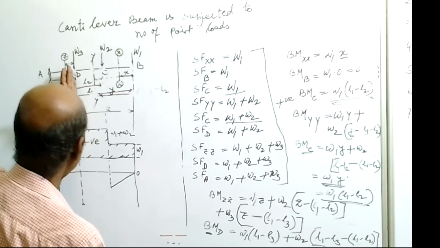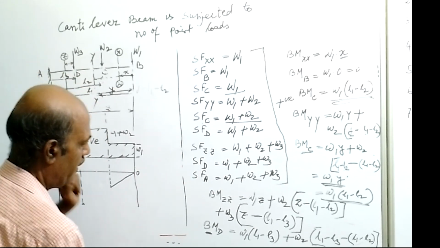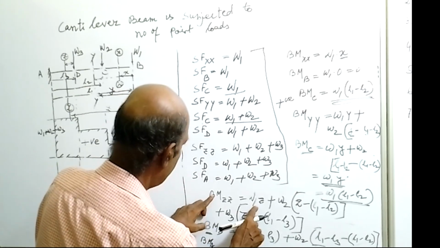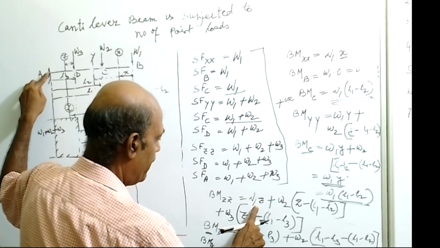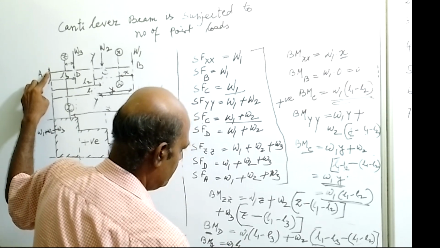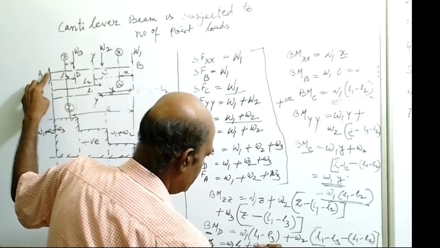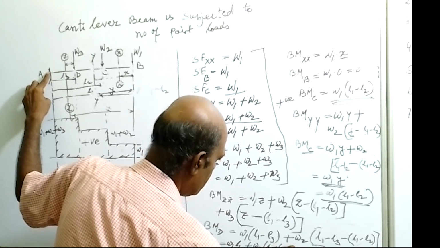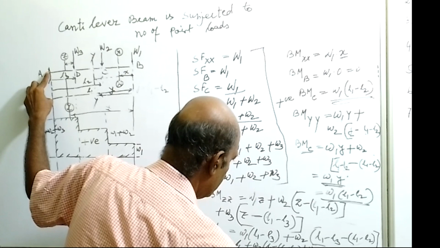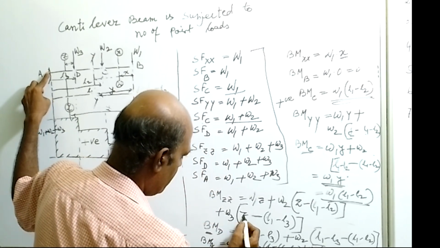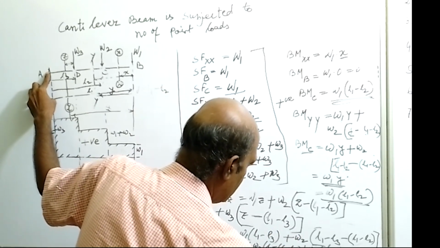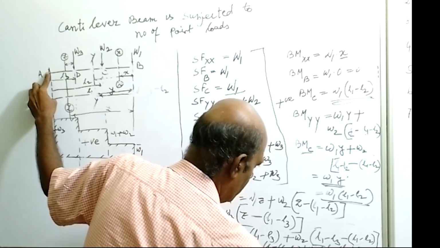When we slide the section ZZ to D point, now you slide the section to point A, so it will give bending moment at point A. So in this ZZ equation, bending moment at point A, Z value will be L1, is equal to W1 into L1 plus W2 into Z value L1 minus L2 plus W3 into Z value L1 minus L3. So this will be the value.